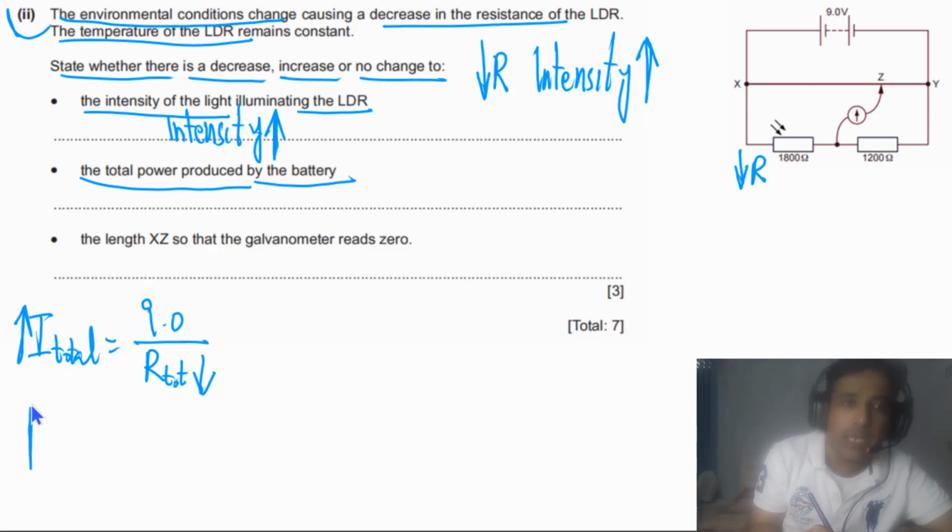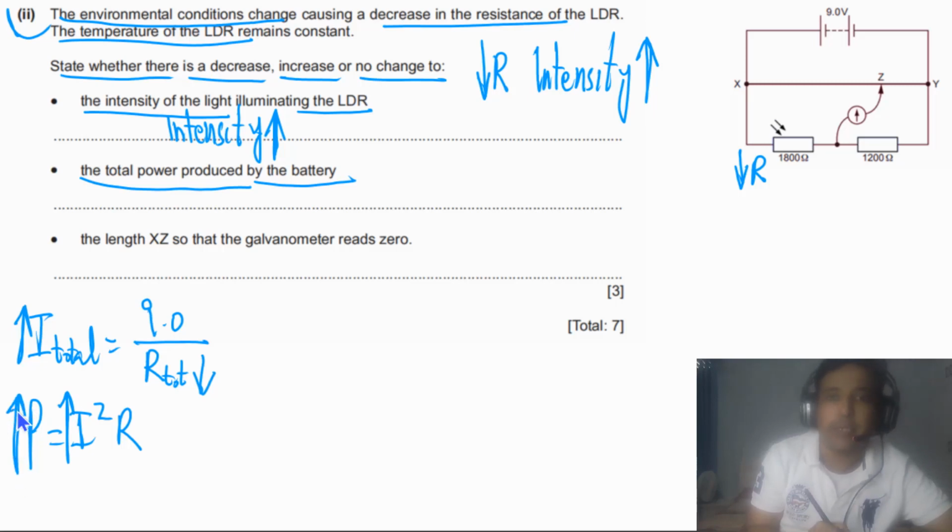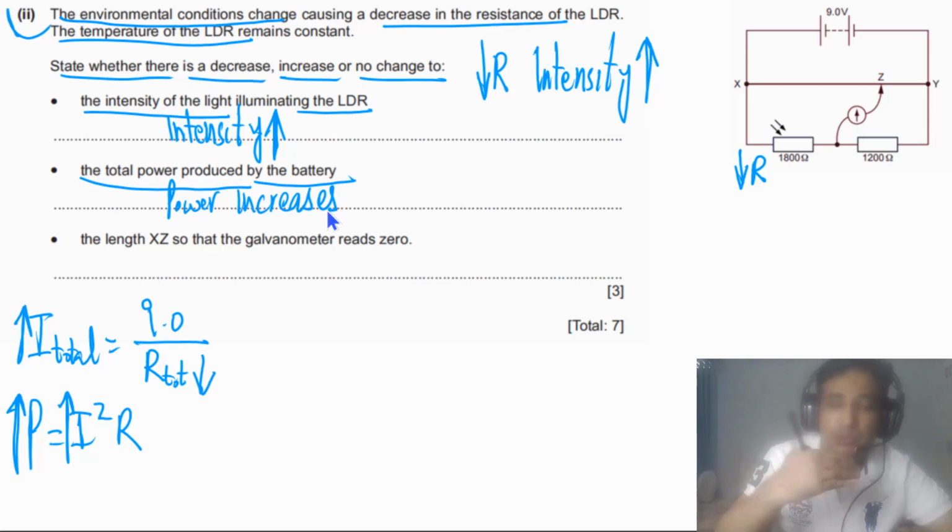So as current increases, we can say power is equal to I squared times R. So current in this case increases, so the power produced by the battery will also increase. So we will say power increases because more current is coming from the battery. So the battery is giving more energy to the charges per second. So power increases.